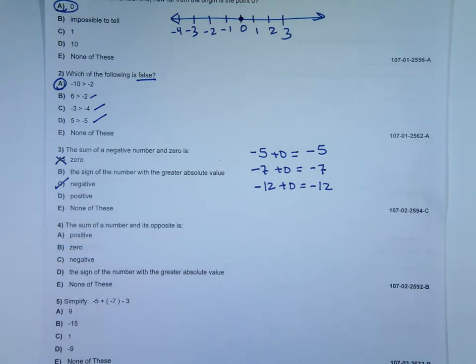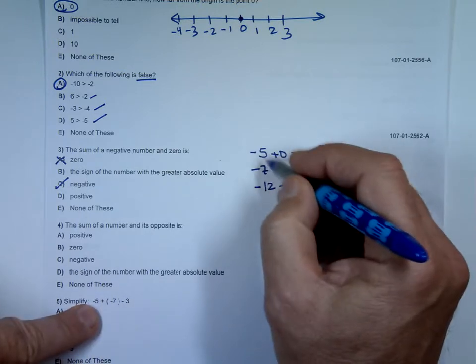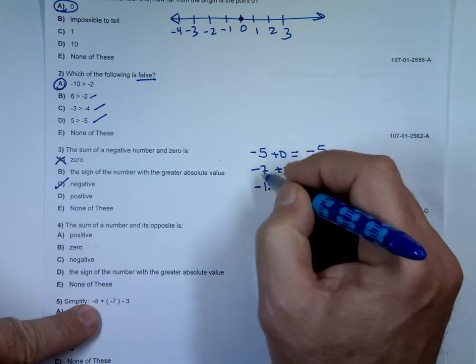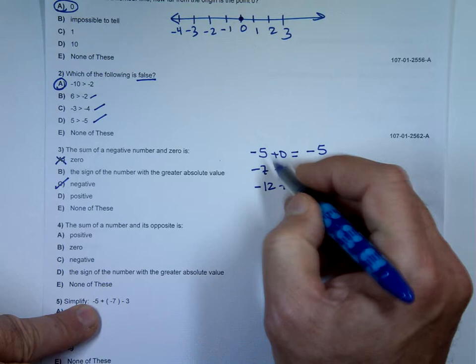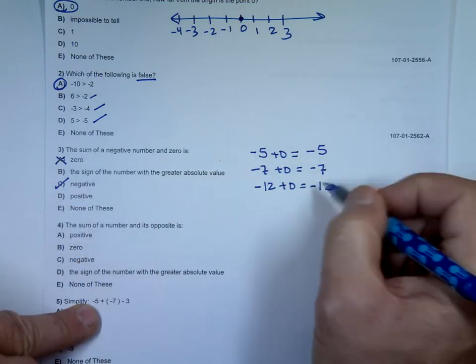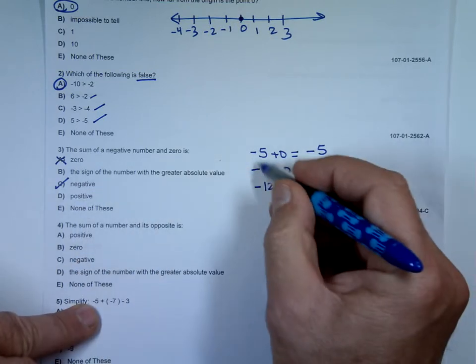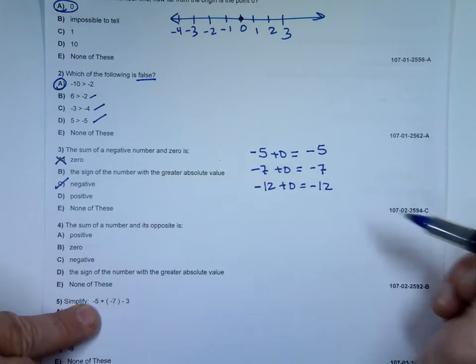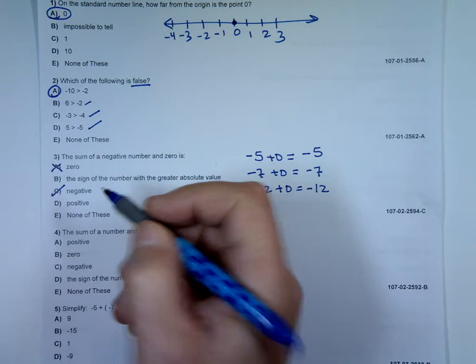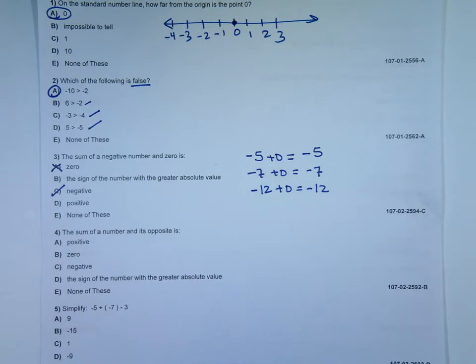Notice that if you take the absolute value of these, the 5 is bigger than 0, the -7 is bigger than 0, the -12 is bigger than 0. All of them are bigger than 0. So it's their sign. In a way, that's correct. We know the answer is always negative, but it's going to be the sign of these numbers, which is always going to be a negative number. But that could be true, actually. Can't be positive, can't be 0.